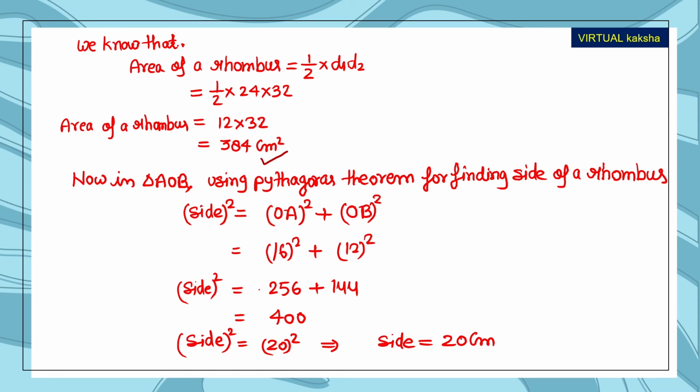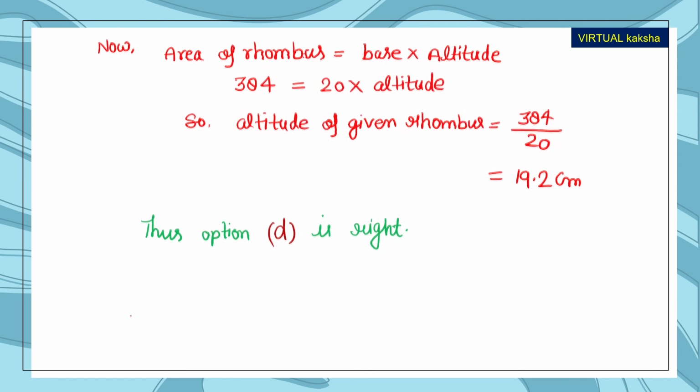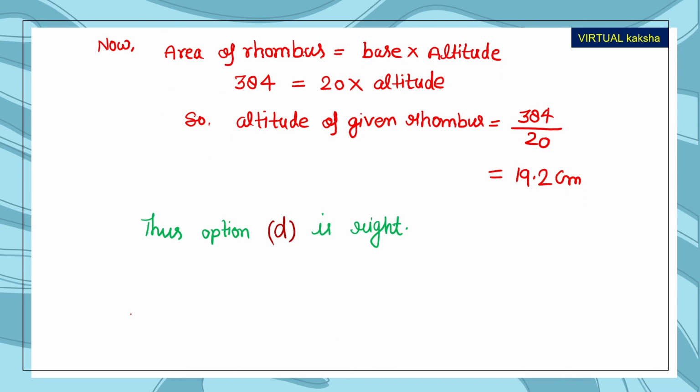Now we have to find the altitude, so we need to find the side of the rhombus. For finding the side, we use the Pythagoras theorem in triangle AOB. We get the side is 20 centimeter. Now for finding the altitude, we use the formula: area of a rhombus is base into altitude.